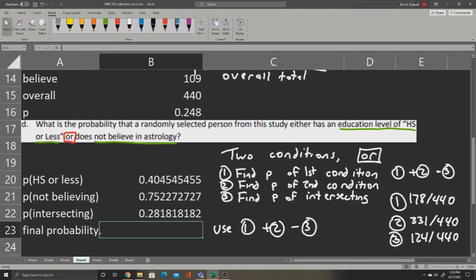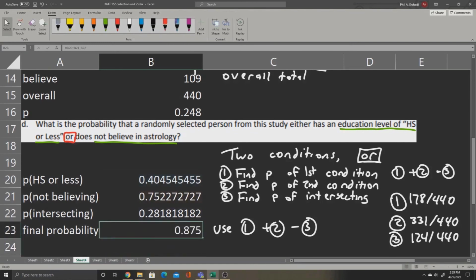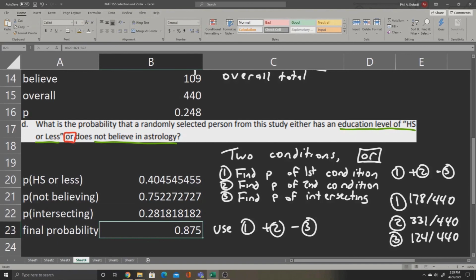So we'll say equals the first answer, plus sign, second answer, subtract the third answer. When we press enter, we get a final probability of 0.875. This will tell us the probability of having either the first condition or the second condition. Paint this gold because that will be our final answer to part D.